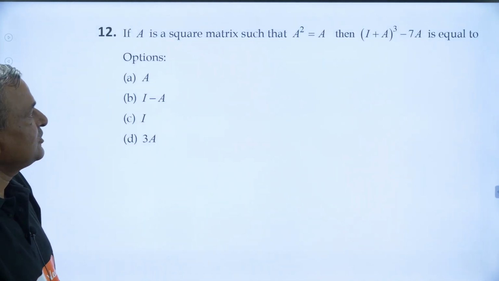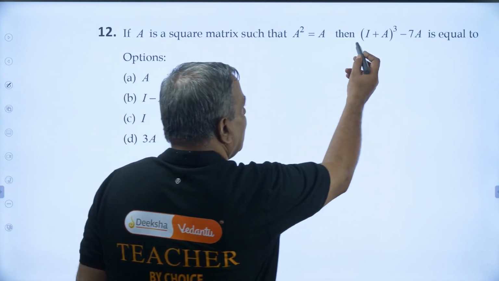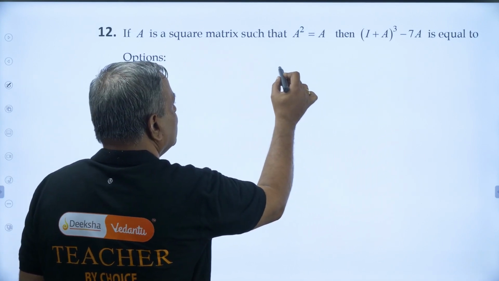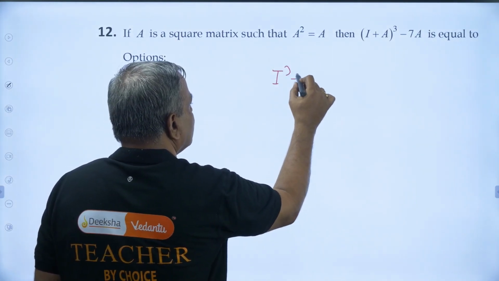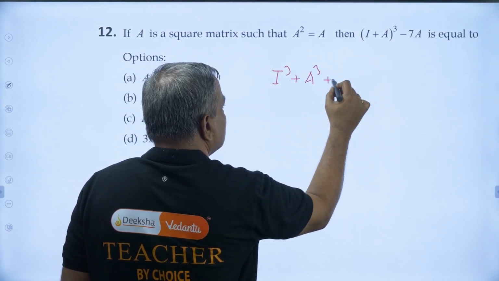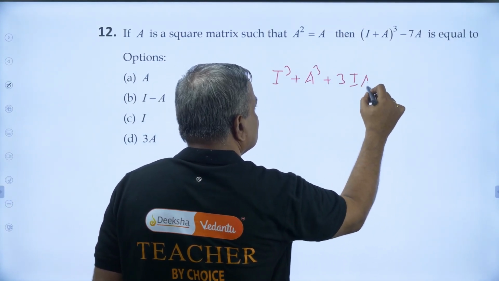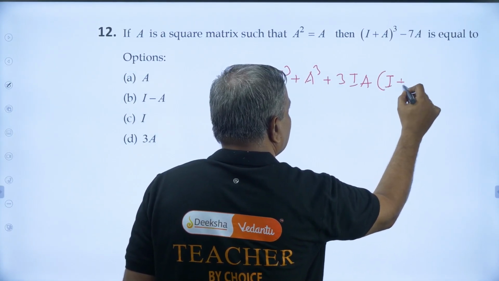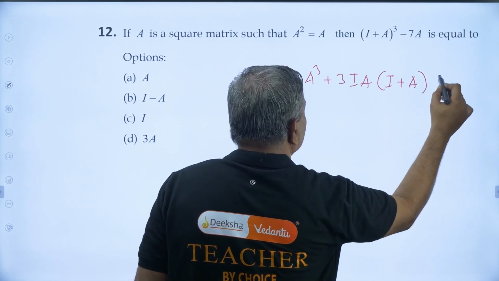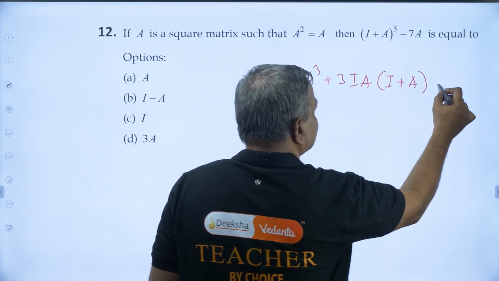A is a square matrix. A square is equal to A. Same, I plus A plus B whole cube is A cube plus B cube plus 3 times I plus A, minus 7A.